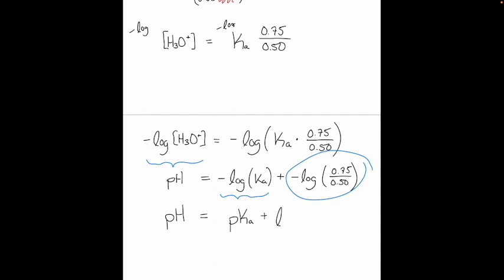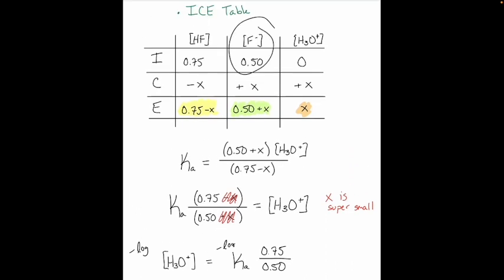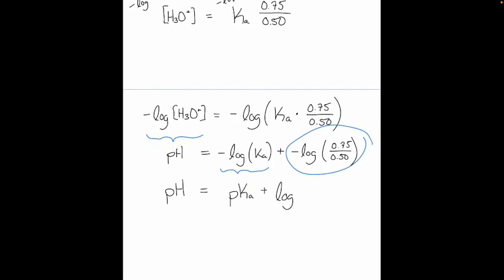And just plugging back in what those variables were, that 0.5 was my concentration of fluoride, my conjugate base, and my 0.75, that was my concentration of my acid, my hydrofluoric acid.